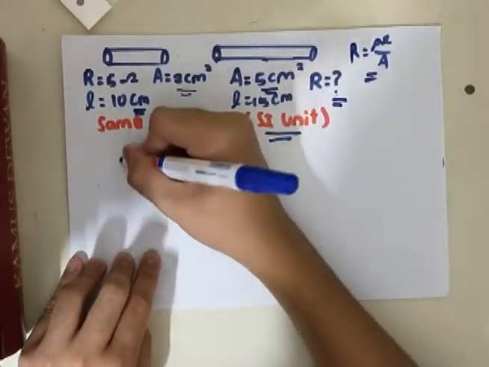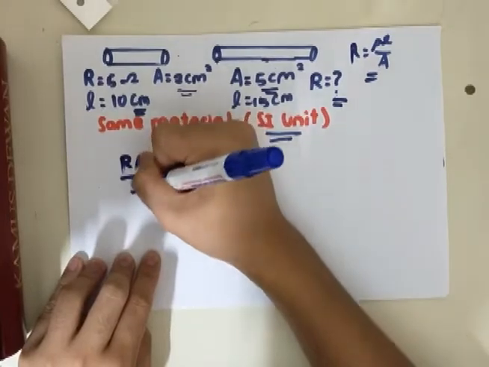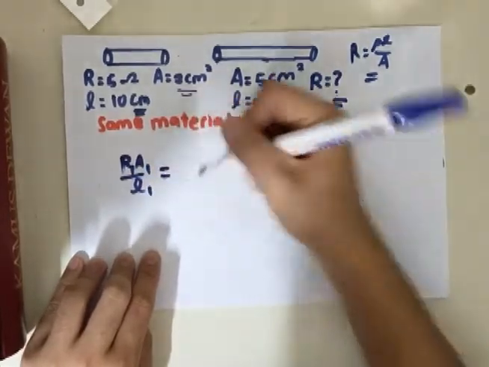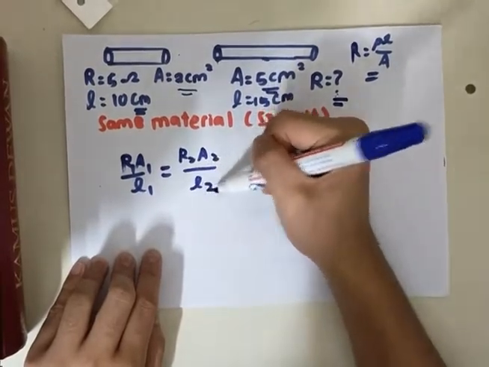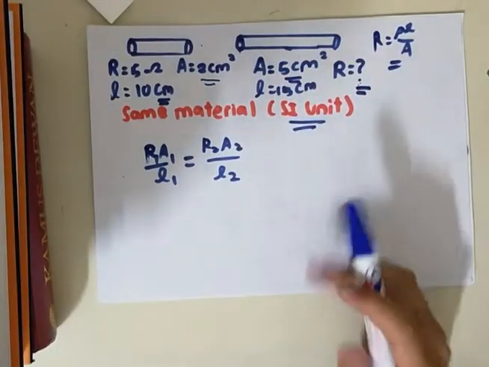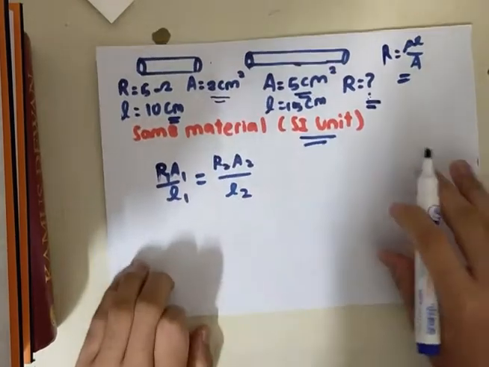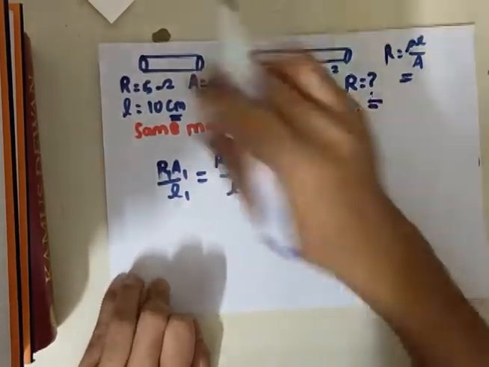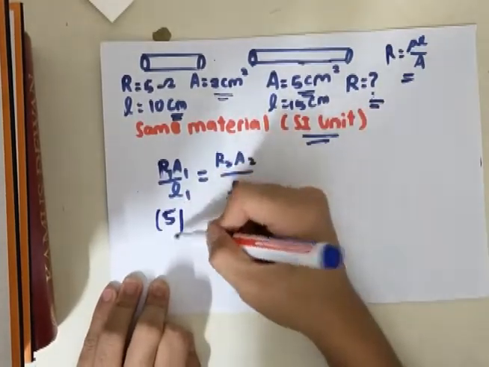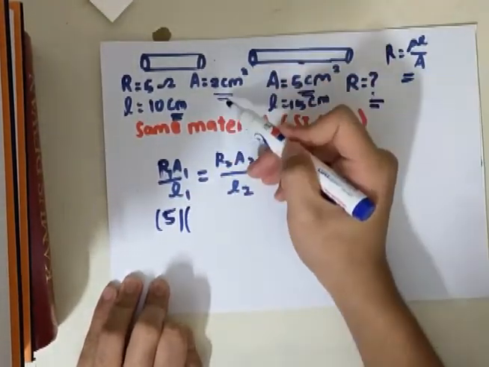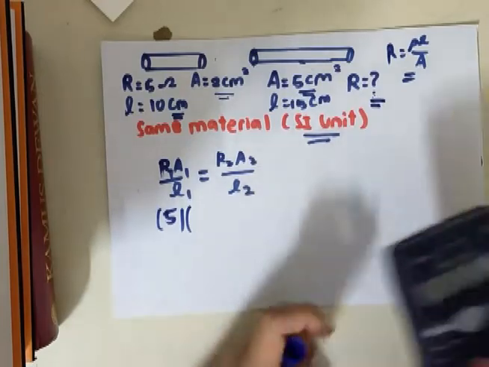So I'll get R1A1 over L1 equals R2A2 over L2. After we've got this, we just sub in everything we have. Let's say I treat my R1 as this and R2 as this. R1 is 5, times A, which is 2 cm squared, so convert it. How do you convert 2 cm squared?